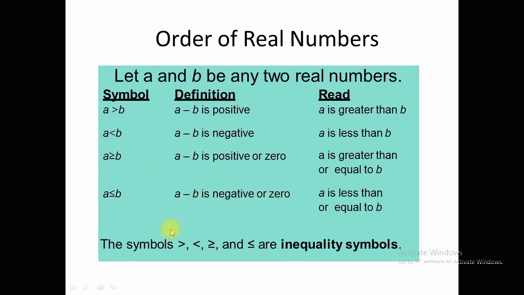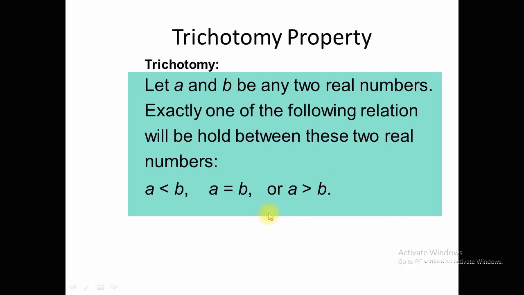So these symbols, greater than, less than, greater or equal, and less or equal, are all inequality symbols. Now what is the trichotomy property? The trichotomy property means that between any two real numbers exactly one relation holds.